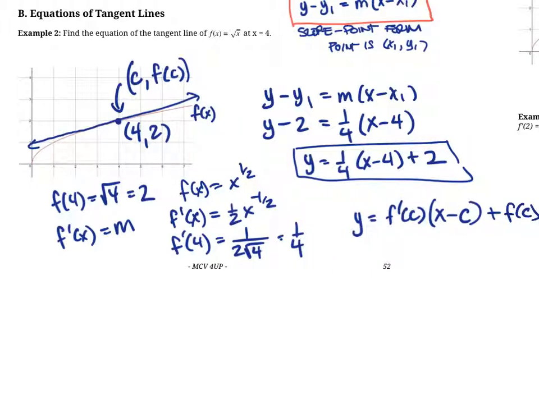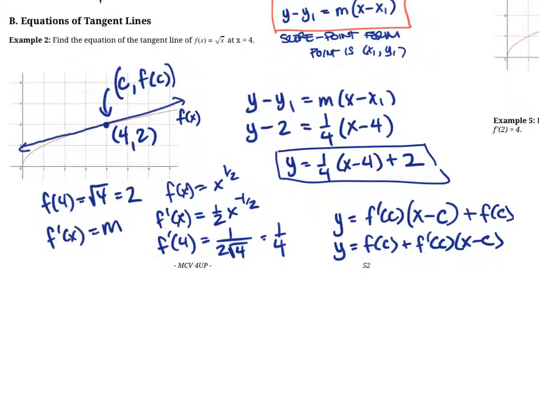We can write it this way, and sometimes you see it written as y equals f at c plus f prime c times x minus c, where c is the place you're trying to find the tangent line. This is a quick way to find the tangent line of a function at any point C. So I'm just going to write that here.